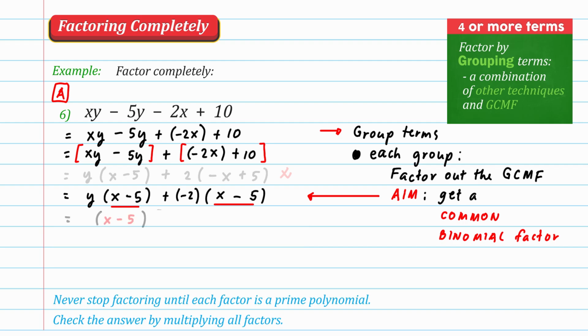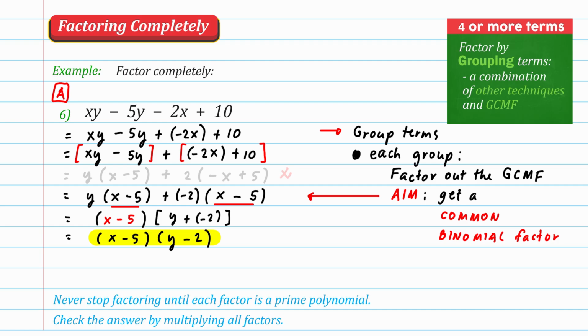We factor out this common binomial x minus 5, and what is left over forms our second factor, y plus negative 2. Finally, we simplify the second factor by removing the brackets and the plus negative sign. Thus, the completely factored form is the quantity x minus 5 times the quantity y minus 2.